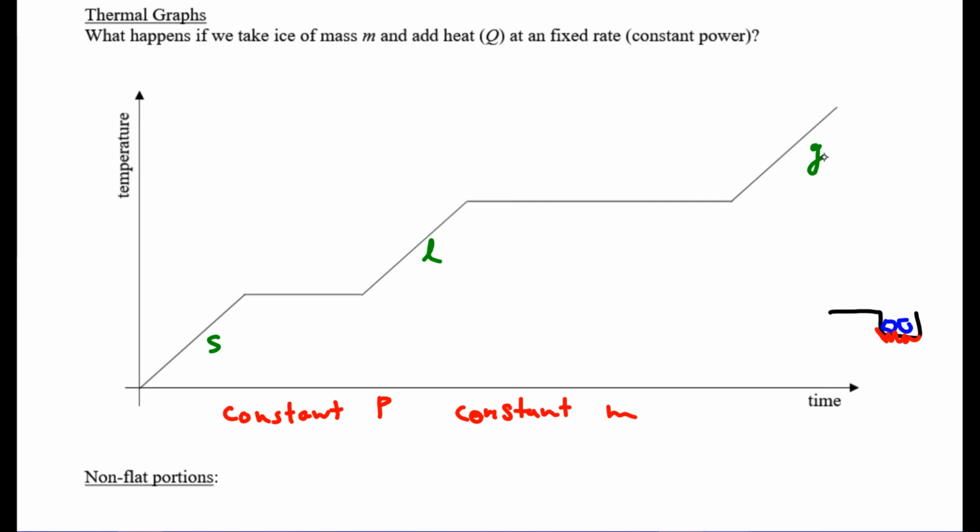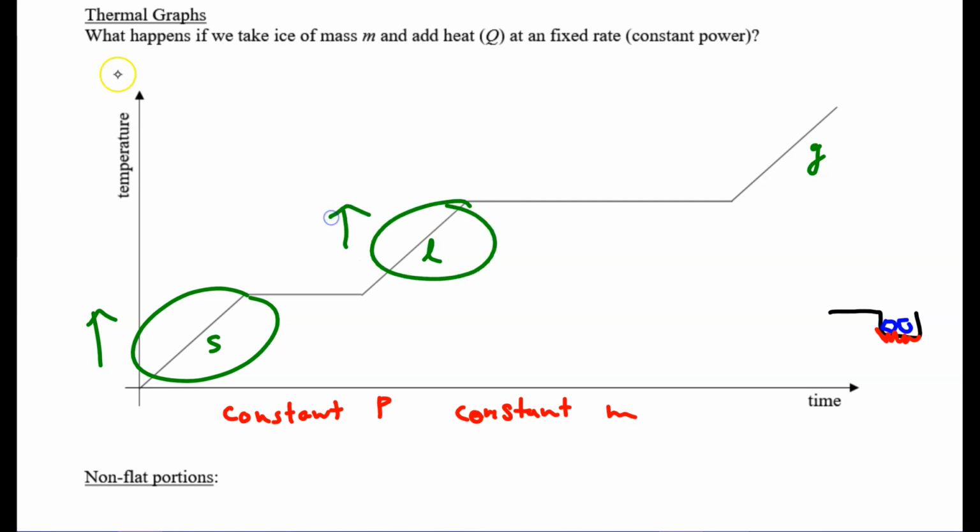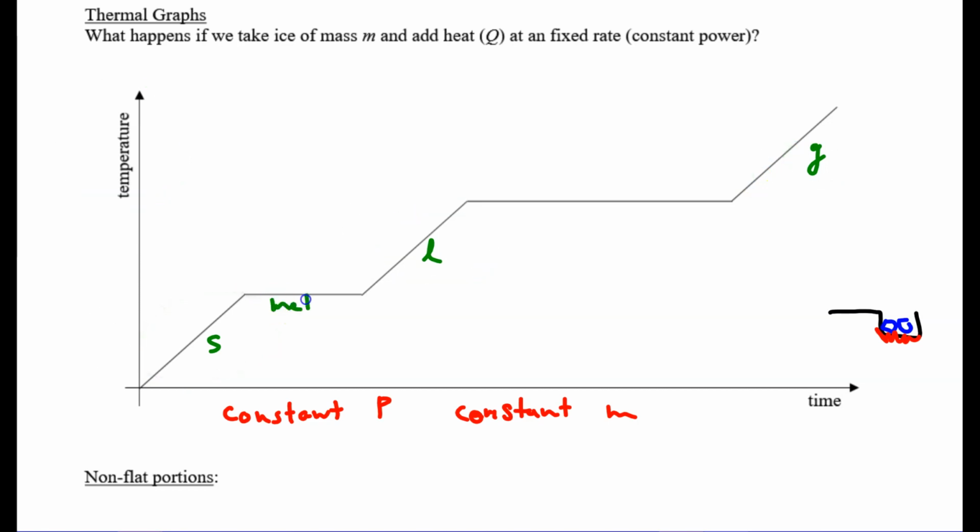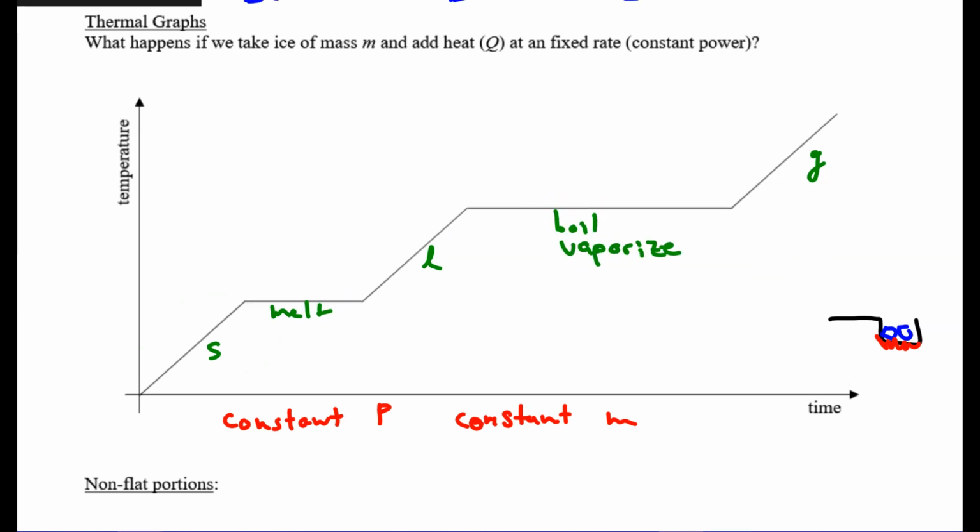In each phase, there's a portion of time when the temperature is rising. The graph is climbing up the temperature axis. And in between the phases, you melt here, and then you boil or vaporize here.